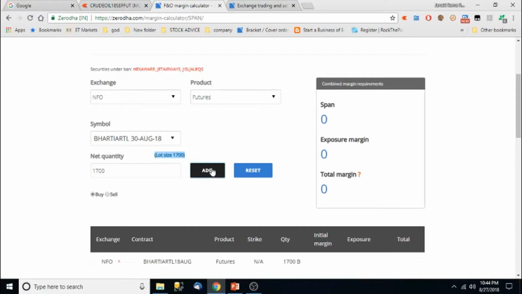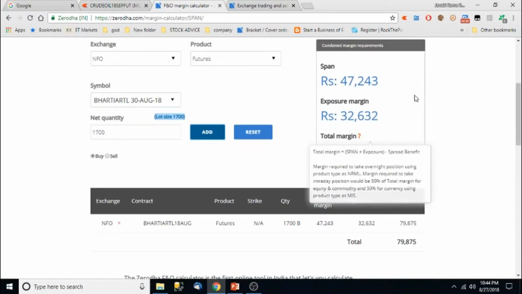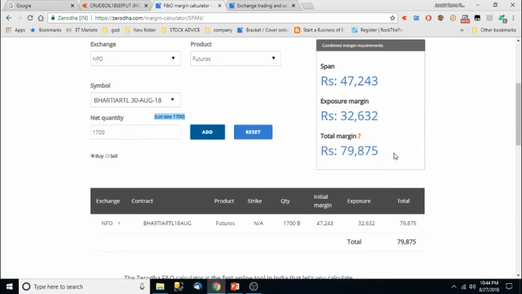If I add this, it will be calculated, and I require 79,875 rupees for 1700 shares. See, if you remember, for 1 lakh rupees I am getting 1000 shares. Here, with approximately 80,000 rupees, I am getting 1700 shares.